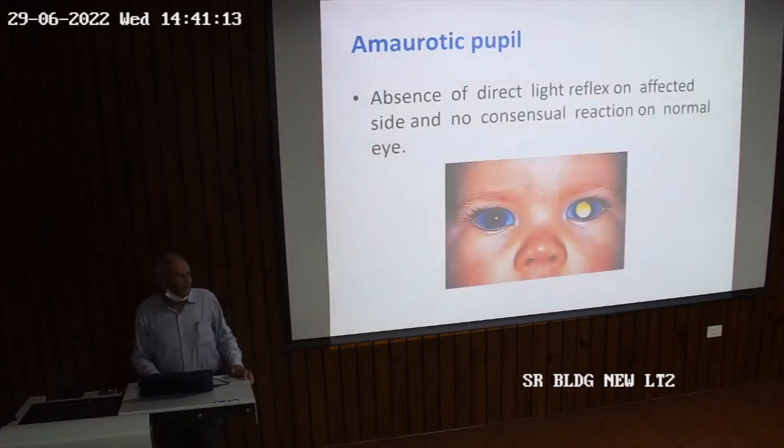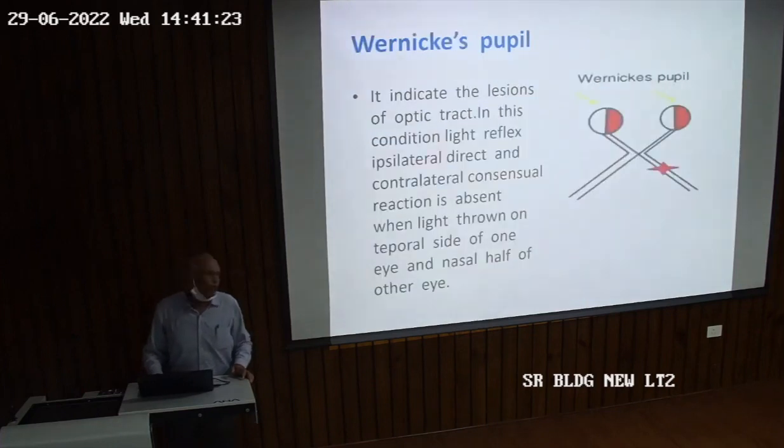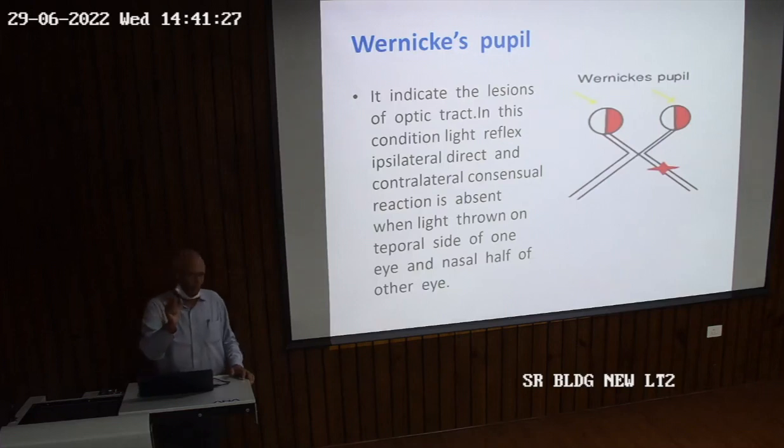A normal eye with a yellow reflex, like in retinoblastoma, cataract, toxoplasmosis, persistent pupillary membrane, hyperplastic vitreous, or the like. Wernicke's pupil, the worm-like pupil. Think of an optic tract lesion. Suppose there is an optic tract lesion on the right side.